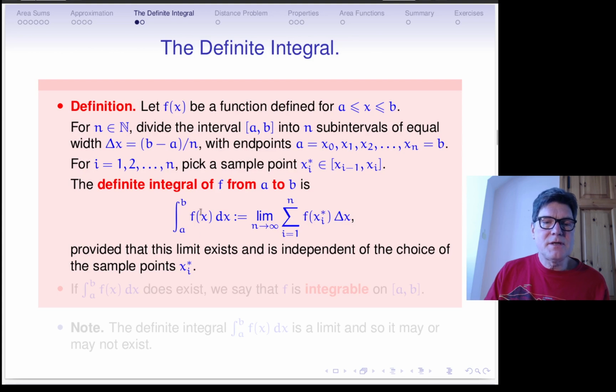Integral from a to b f of x dx is defined as a limit of this sum of n terms of products of delta x with f evaluated at xi star, where xi star is some sample point in this ith subinterval from xi minus 1 to xi.